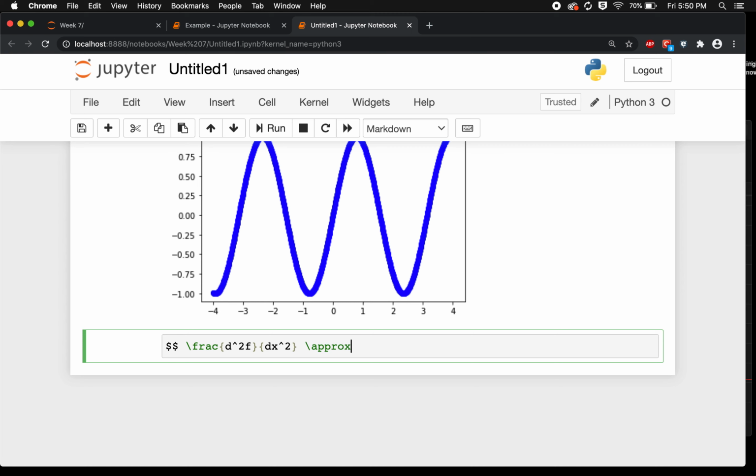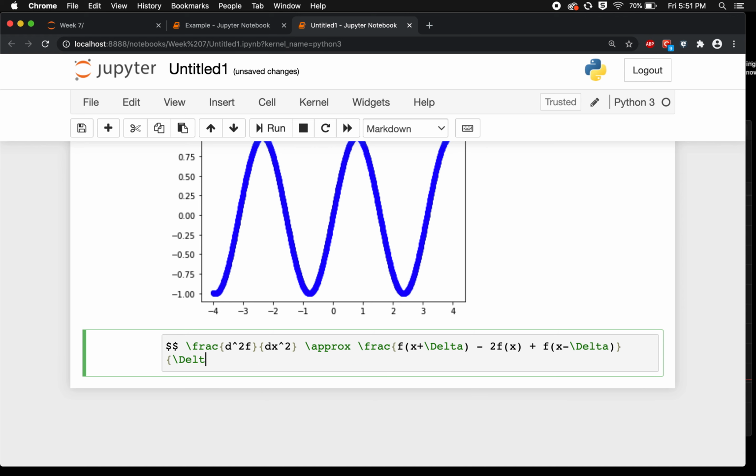That's going to be approximately equal to, and now our formula is going to actually have, looking at f of x plus delta, and then minus 2 times f of x plus f of x minus delta. And then we're going to take all this and divide it by delta squared. And typos, and let's finish this off.